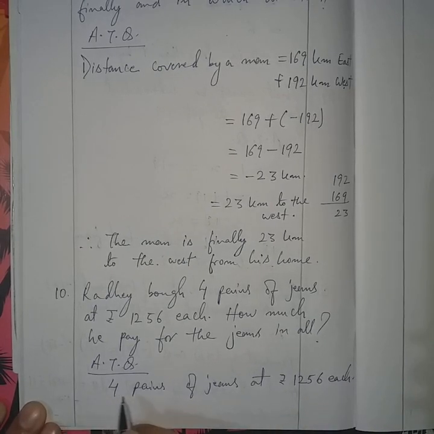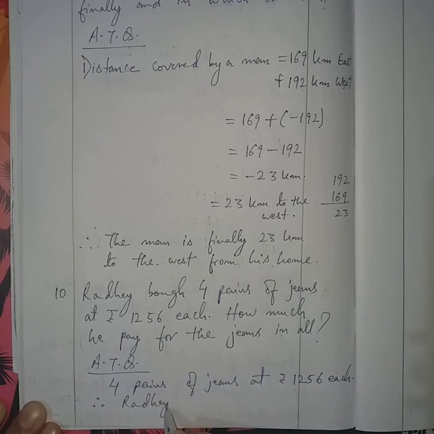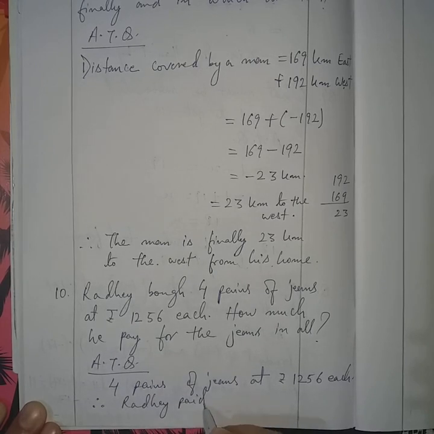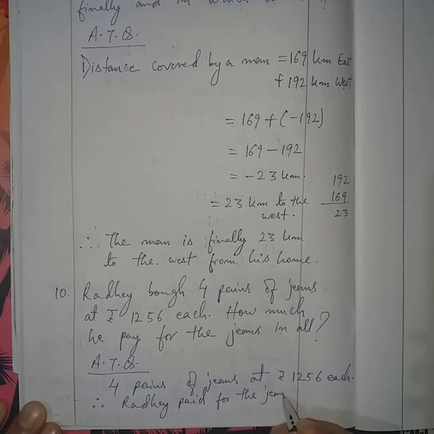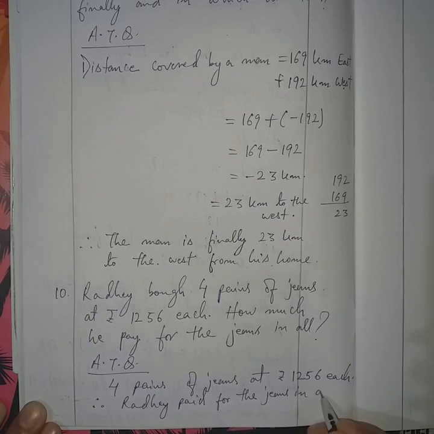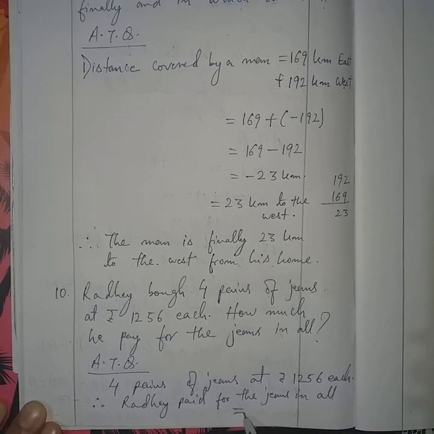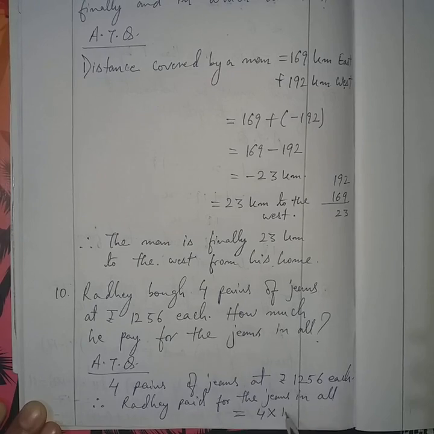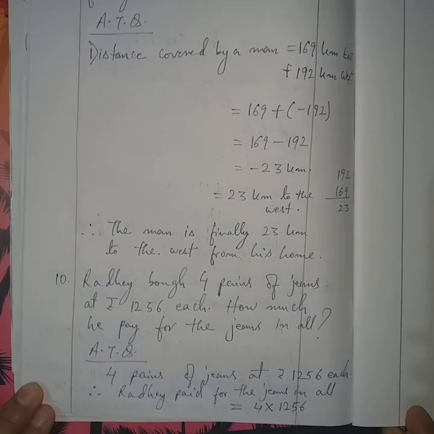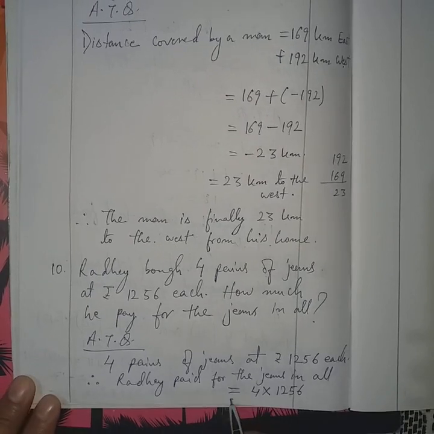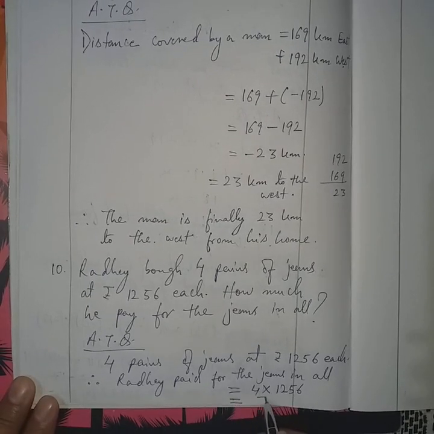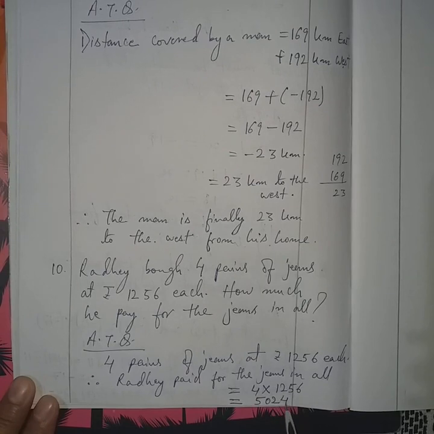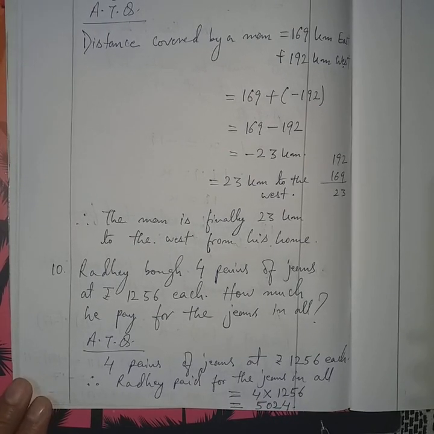Therefore, Radhe paid for the jeans in all will be equal to how much? 4 into 1256. So if we calculate this one, we'll get 5024. Okay.